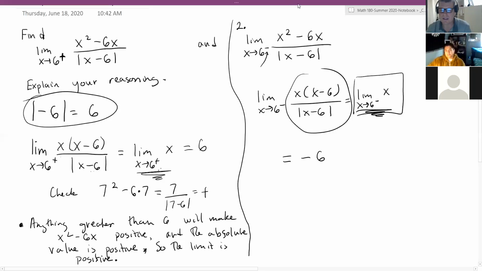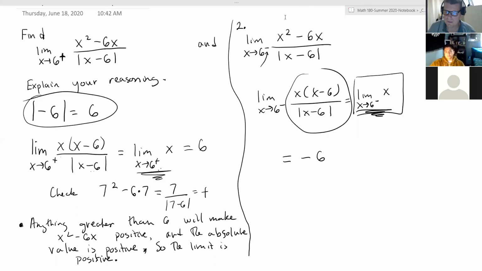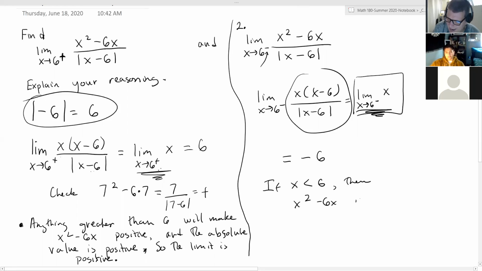No, it's negative. Because if you look here, watch. If x is less than 6, then x squared minus 6x is negative. And we're thinking about limits. A limit is just what happens as I get close to 6, not when I hit 6.